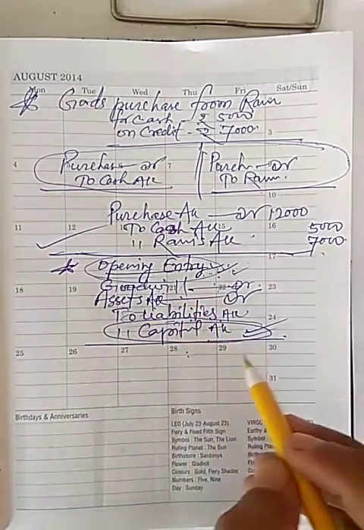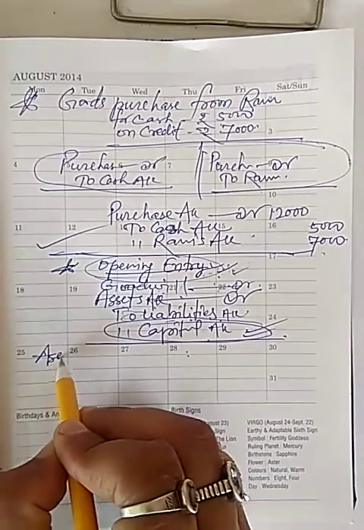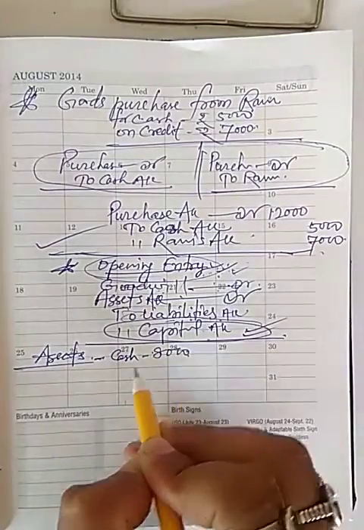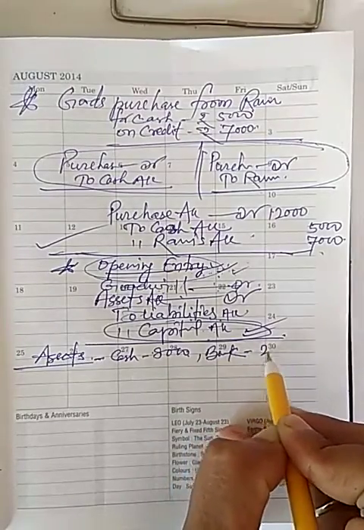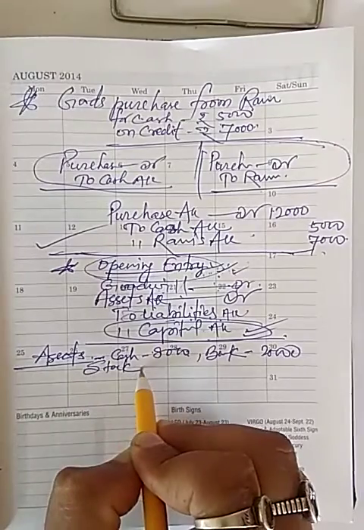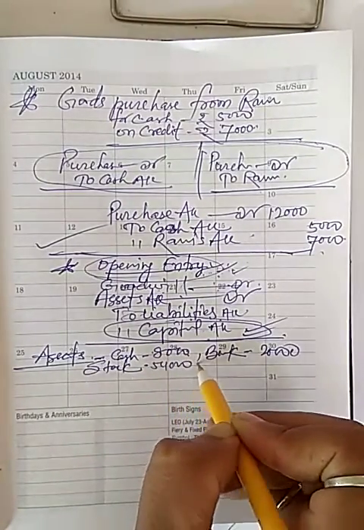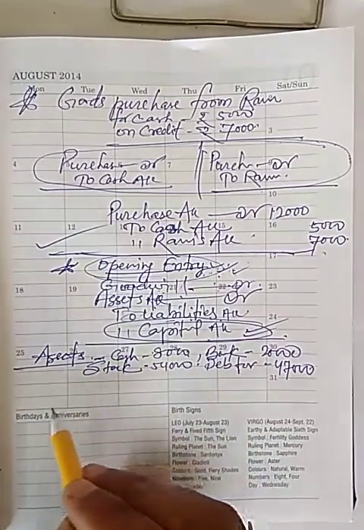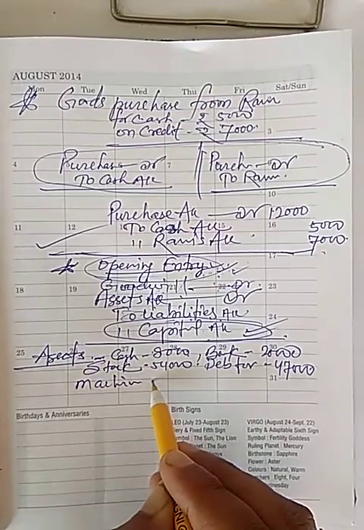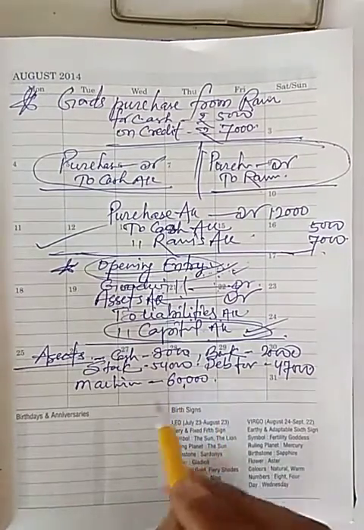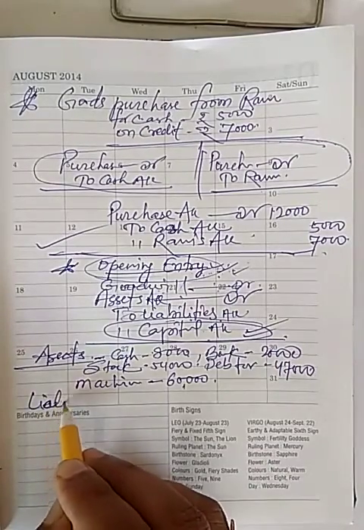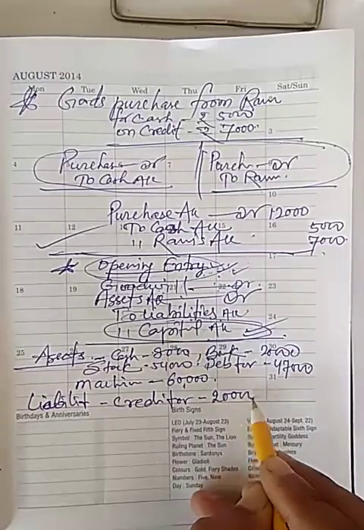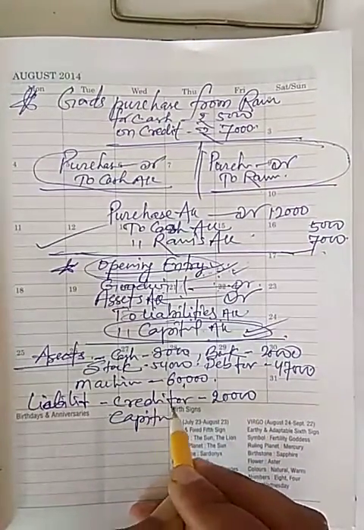Suppose a firm has opening assets: cash 8,000, bank 20,000, stock 54,000, debtors 47,000 and machinery 60,000, and liabilities: creditors 20,000, capital 2 lakh.